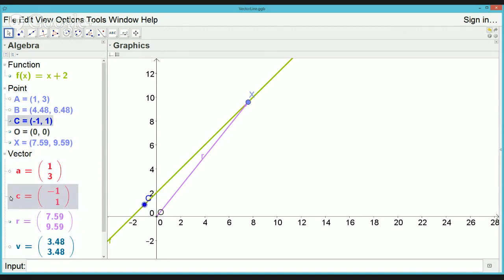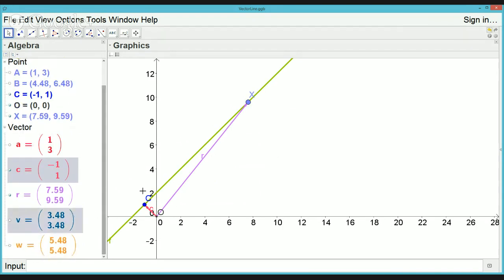And let's draw a vector from the origin to C. Okay, and now let's put in another vector that's parallel to the green line. Does that touch B? Yes, it does. Okay, that's not important.